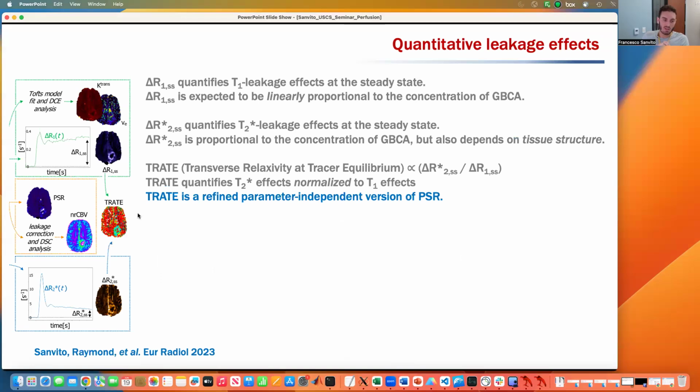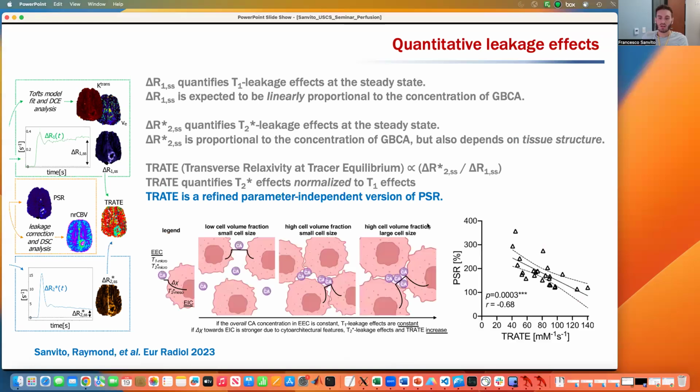So the concept that is interesting is the one we mentioned, TRAIT. It's a refined parameter that quantifies T2 star leakage effects normalized by T1 leakage effects. So in a way, it's a refined version of PSR, and in fact, it does correlate with PSR.